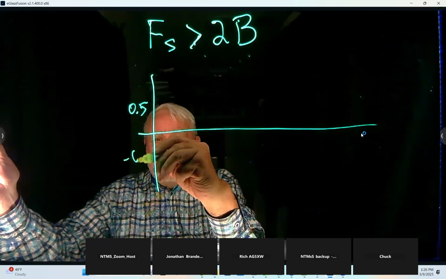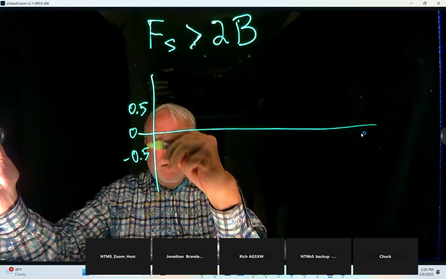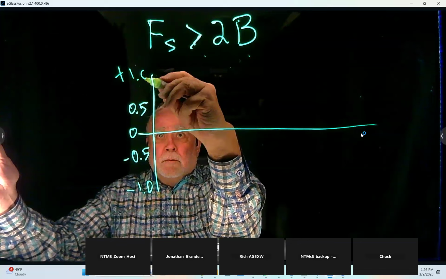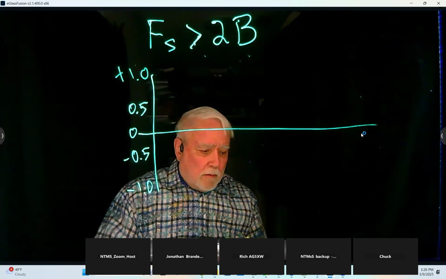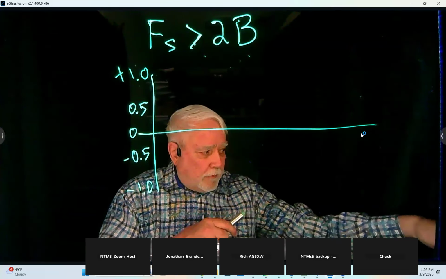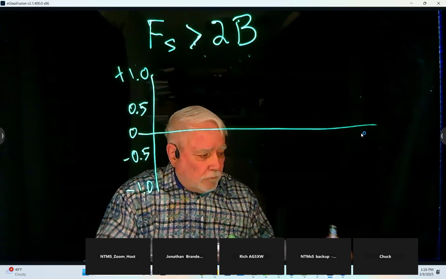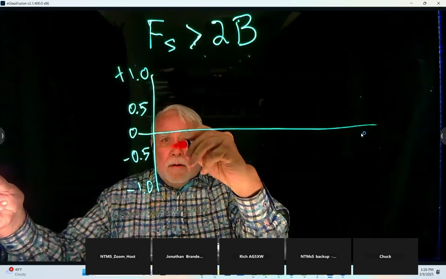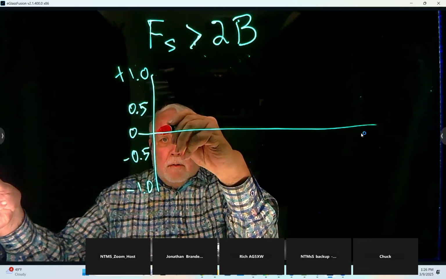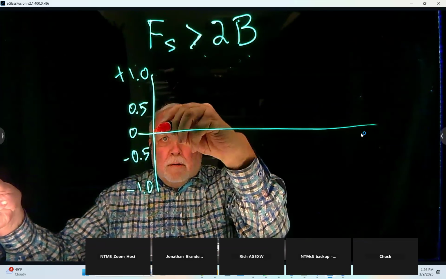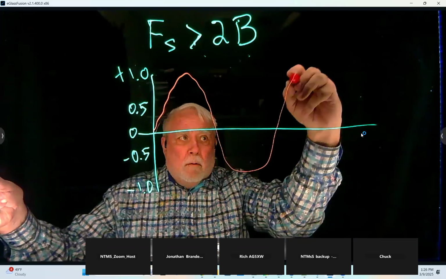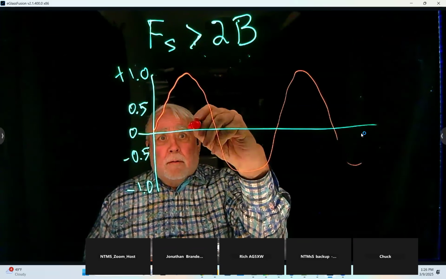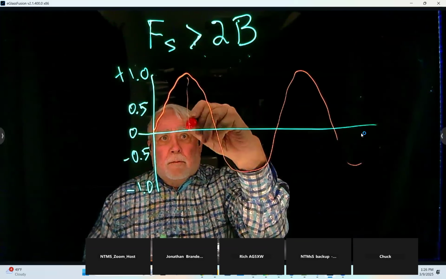This is minus 0.5. This is 0. This is minus 1. This is plus 1. I'd really like some different colors. I'm going to have to practice with these new markers. They don't seem to have been charged well. So the sine, here we go again, will look something like that. And this is Q.